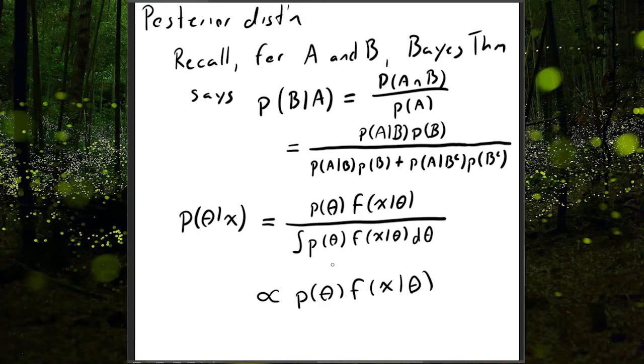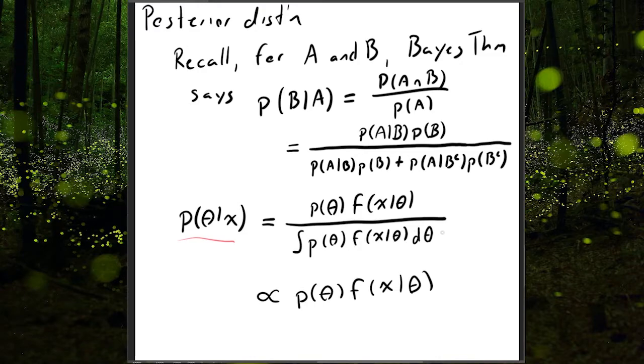Why can I get away with this? Well, this is a probability distribution, right? This posterior distribution I've got over here is a probability distribution. That means that there has to be a total probability of 1, which means that if I were to integrate the whole thing, then that integral would have to come out to be 1.